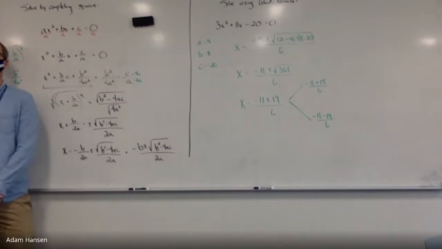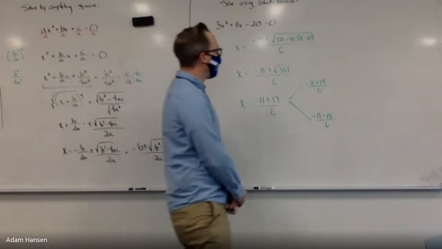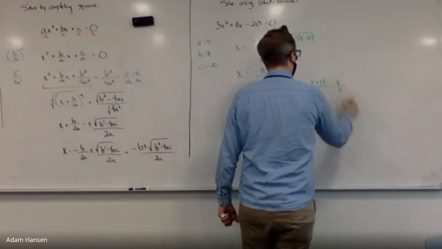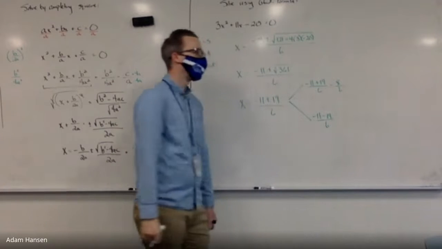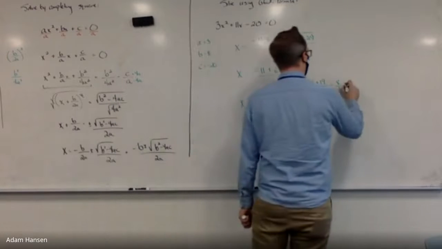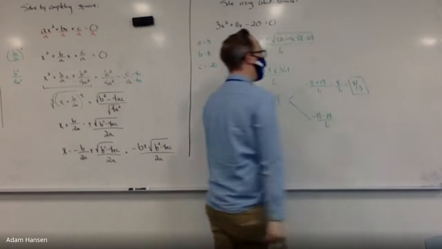Negative 11 plus 19 is actually 8. What does 8/6 reduce down to? 1 1/3, or 4/3. 4/3 is one answer.